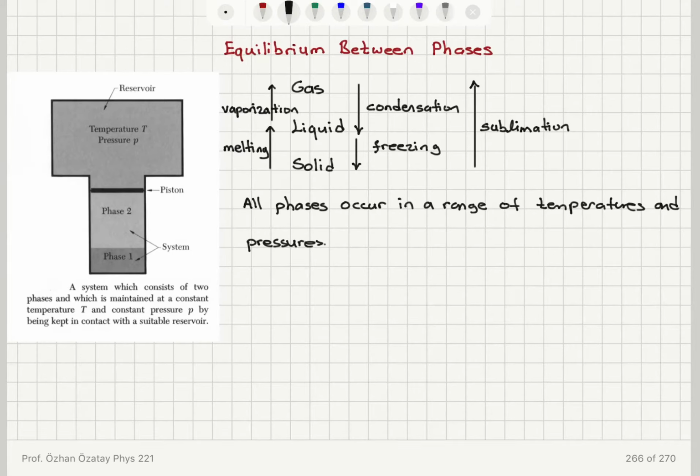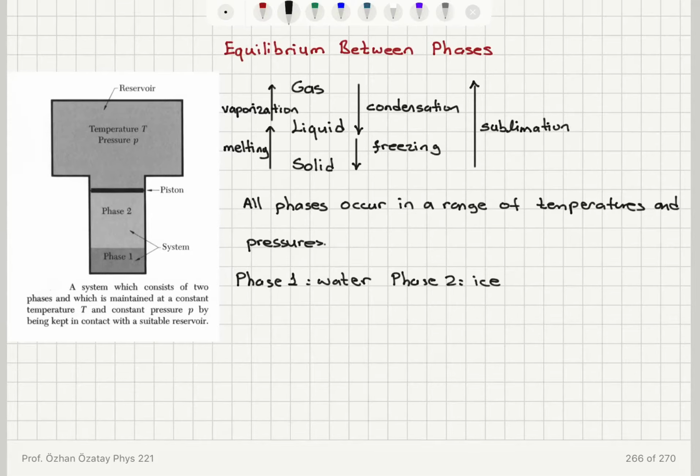So let's, for example, think of phase 1. This could be water phase, liquid phase. Phase 2, for example, could be ice, that is a solid phase.